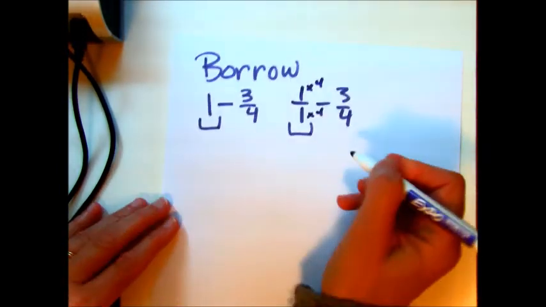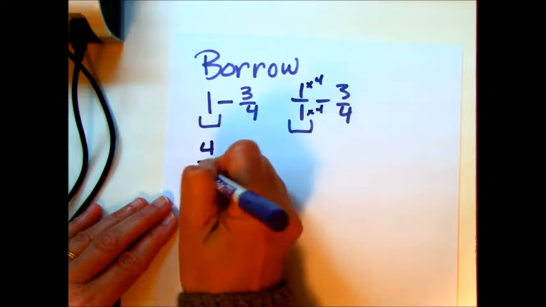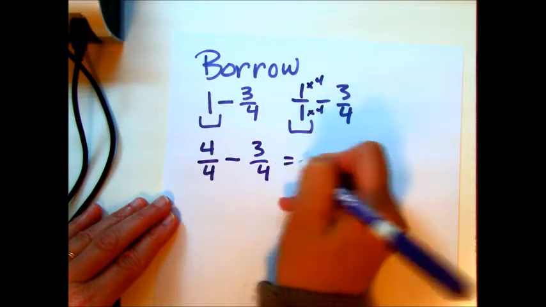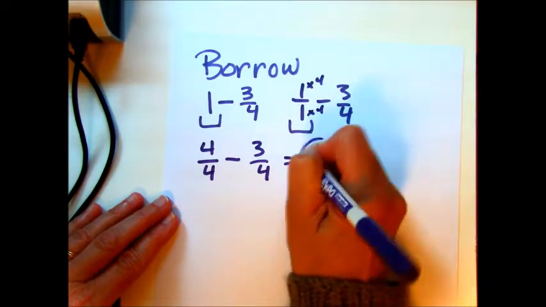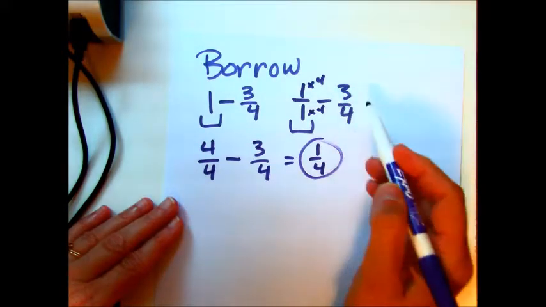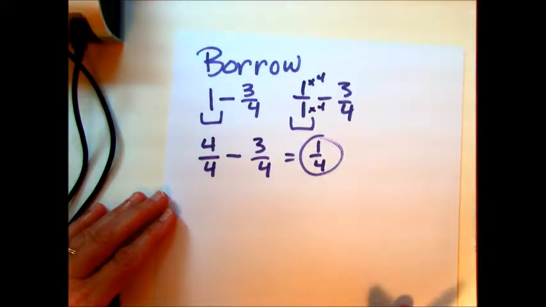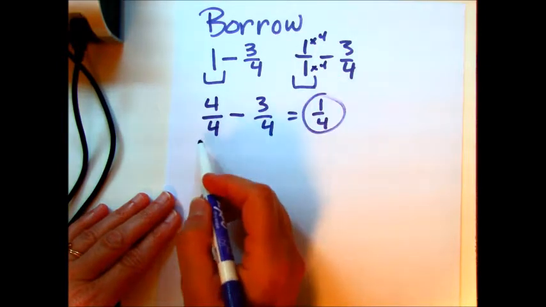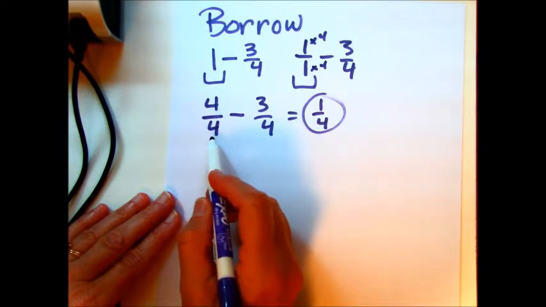And so that would give us 4/4 minus 3/4. And then we could easily get our answer, 1/4. Okay? Now this would be kind of the long way. I'm going to show you a shortcut to kind of skip some of this writing, because you're going to get to the same 4/4 here.